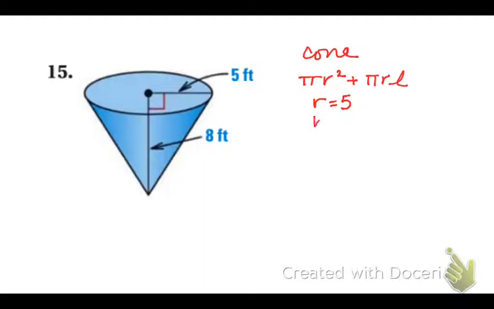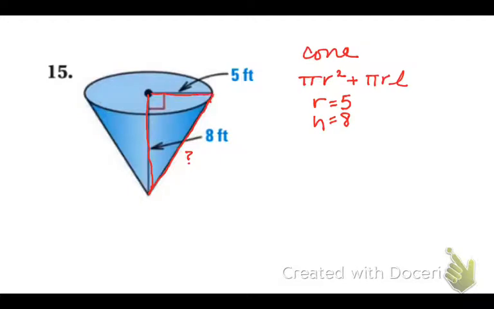We're given our height. Okay, notice this 8 feet here is not the slant height. This is the height of the cone. And our height is 8 feet. But we're not given the slant height. The slant height would be this length right there. So what do we do?